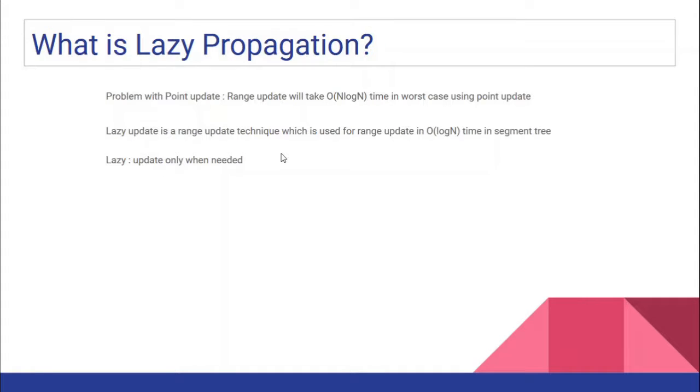Now you can understand lazy propagation with an analogy. Suppose we are talking about a person, say me, who is lazy. Whenever there is some work, in my mind I think, okay, I'll do this only if needed.